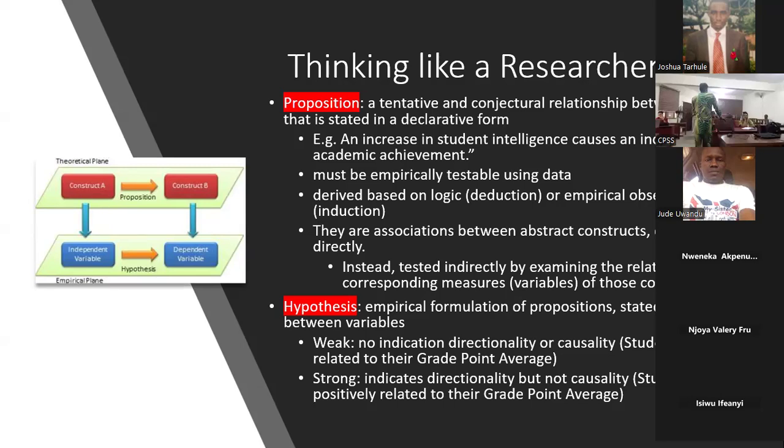Okay, so let's look at proposition in another way, a little bit more detail. It is a tentative or conjectural relationship between variables. You are declaring that an increase in student intelligence causes an increase in their academic performance.